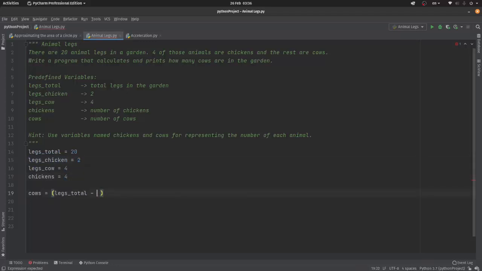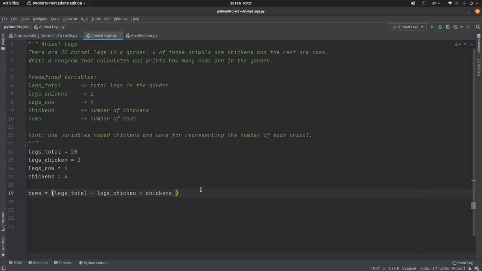So with the same logic, we can multiply those variables by the chickens. Now, if we subtract the total number of chicken legs in the garden from the total number of legs, we'll be left with cow legs only. But we are required to find the number of cows, not the legs of cows.